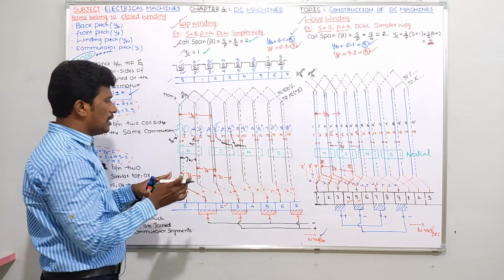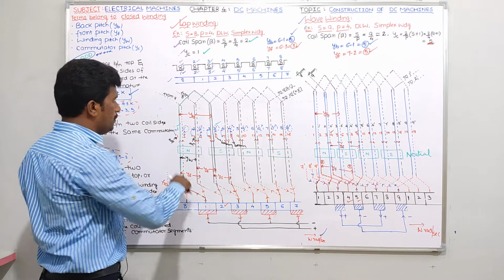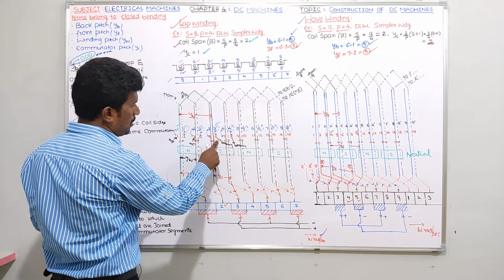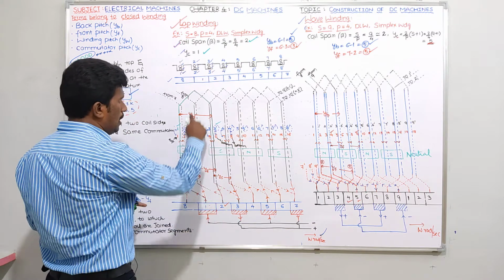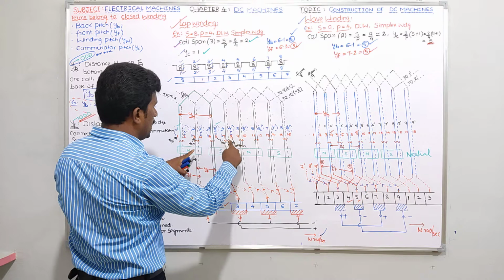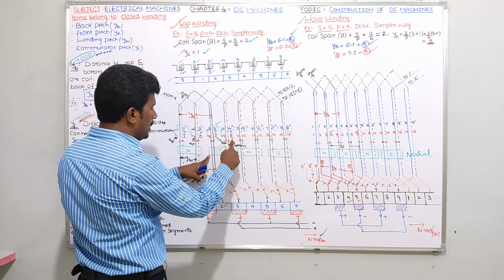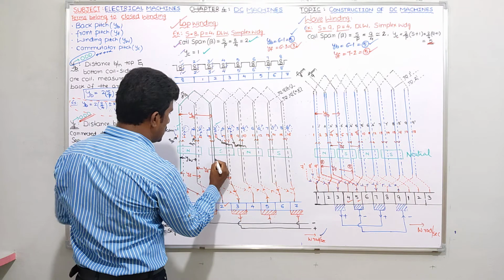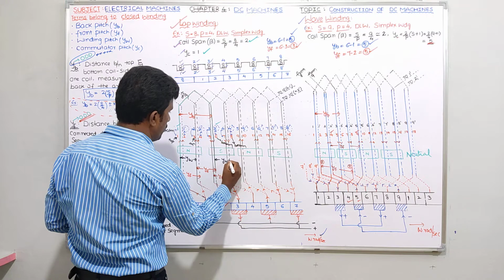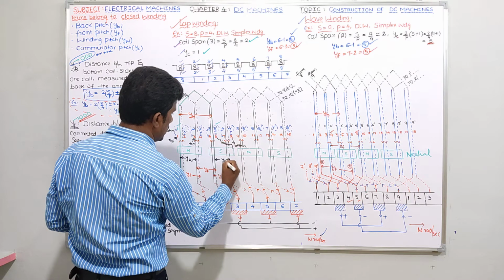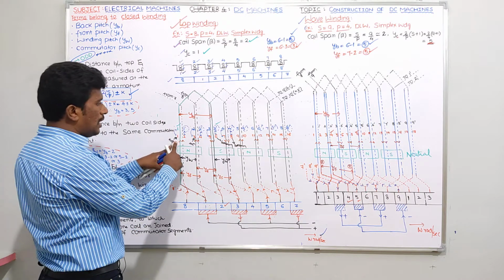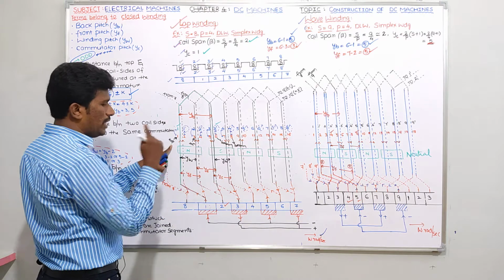If you want to take the bottom conductor, yes, you can; nothing wrong. For the first coil, 6 is the bottom conductor. For the second coil, from 3 to 8, the bottom is 8. So from 6 to 8, this also I can take as YW. For the first coil top is 1, second coil top is 3, so 3 minus 1 is YW.